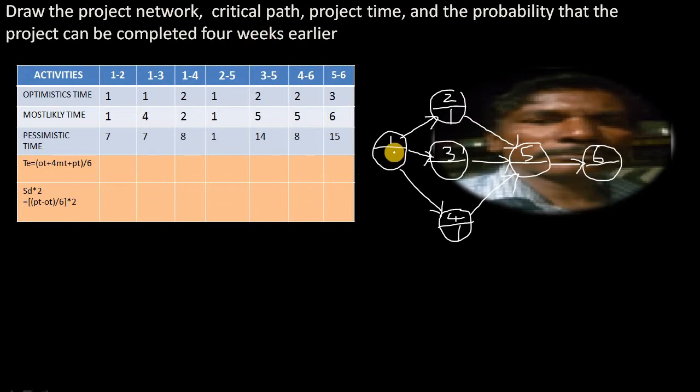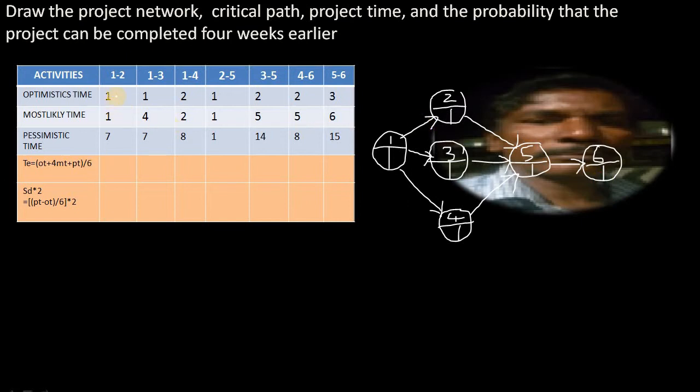Now I am dividing each event into two halves, because here I am going to write the forward time and here the backward time, or we can say the earliest time and the latest time. So each event will have an earliest time and a latest time.